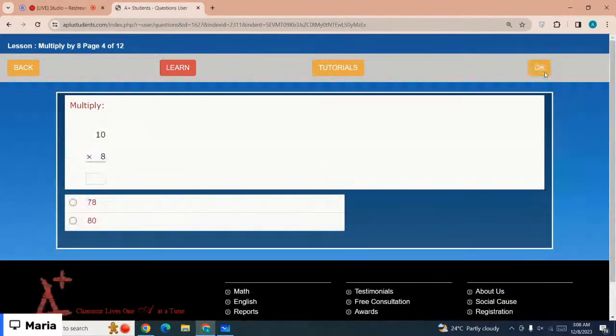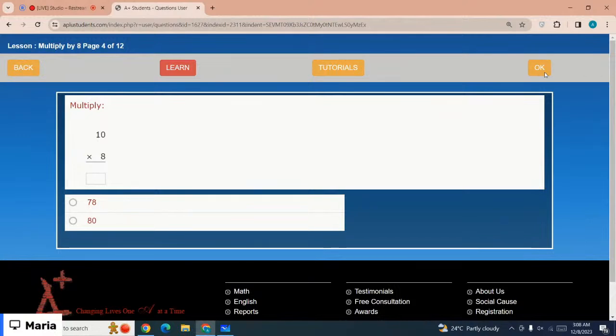The next one is 10 times 8. Which is the correct option? 10 times 8 is 80.